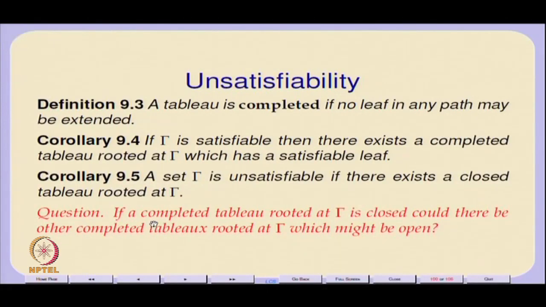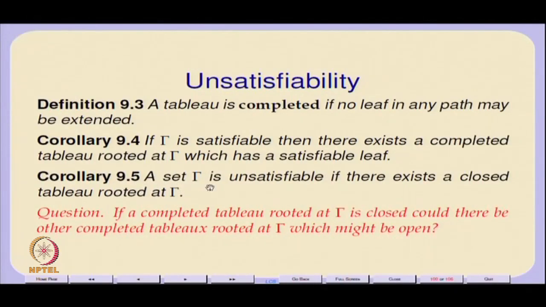The next question is, even if every tautology is provable by tableau, are there tableaus for those tautologies which are completed but not closed? So this corollary 9.5 just says that a set is unsatisfiable if there exists a closed tableau rooted at gamma.